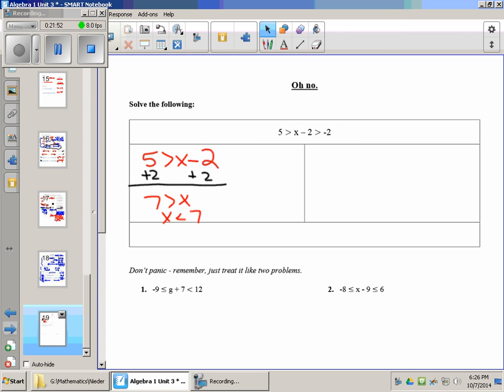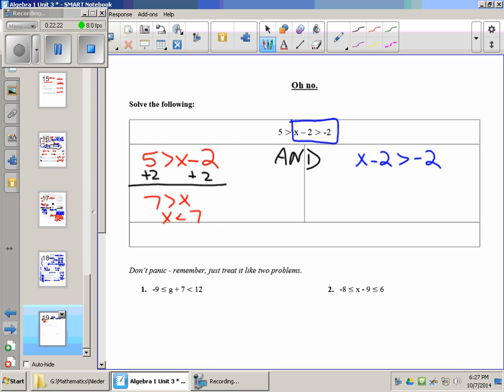Now I'm going to do this. I'm only going to look at this part of the problem. But since this was a compound inequality, in this form, is this an and problem or an or problem? It's all together, right? So it's an and problem. So over here, 5 greater than x minus 2 had to be true, and this other inequality has to be true, x minus 2 greater than negative 2.